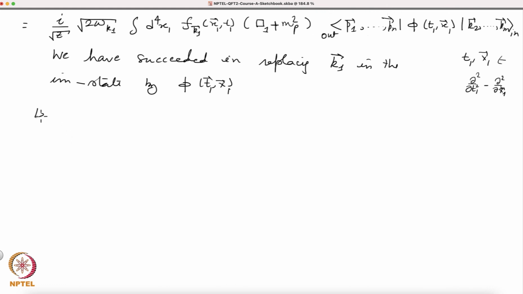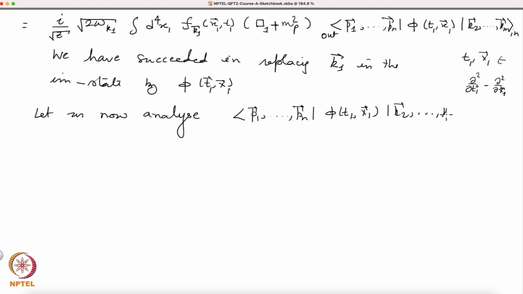So let us now analyze phi of t1 x1 and k2 to km. Okay, in general m and n will be different. And anyway we want to get all the inner products, so we have to find it for all m and all n.